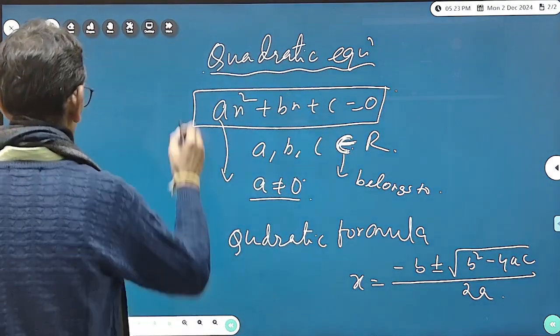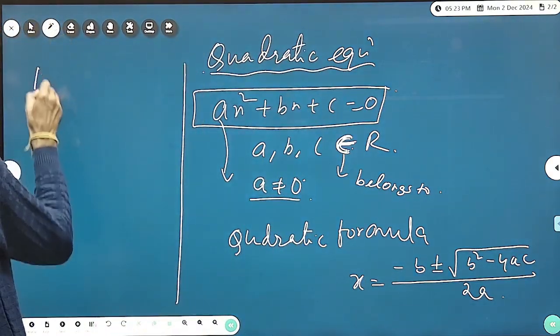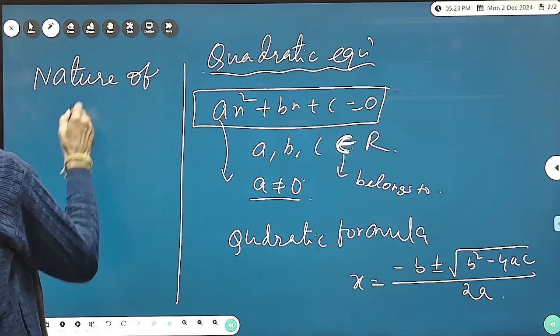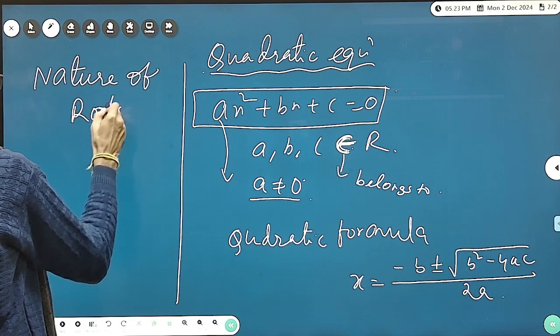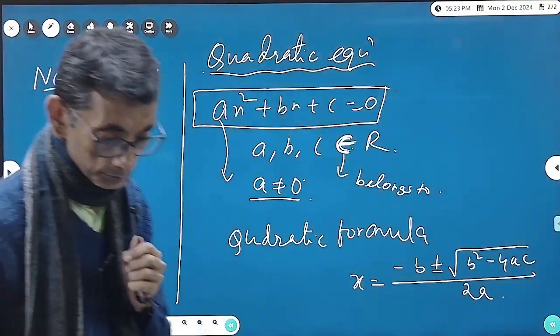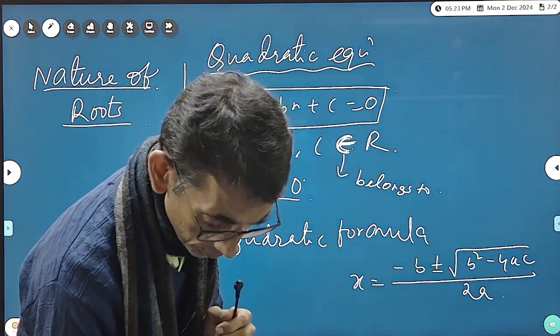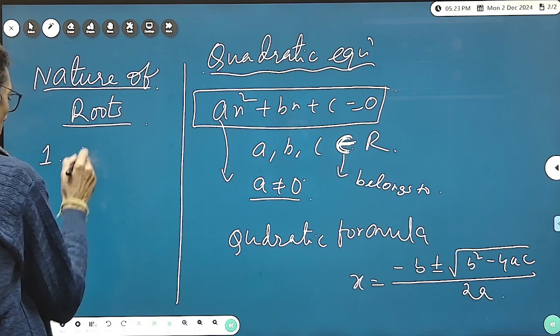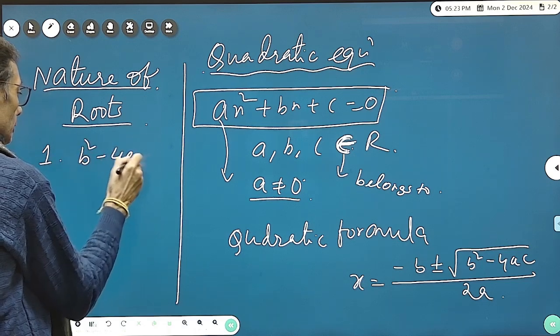Another important concept is the nature of roots. Condition 1: b square minus 4ac greater than 0.